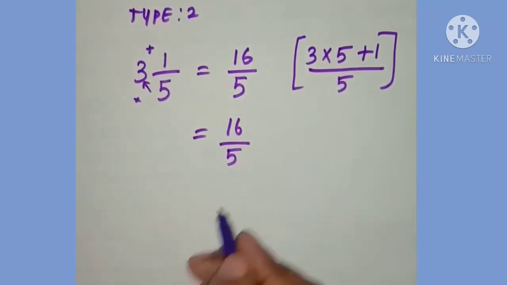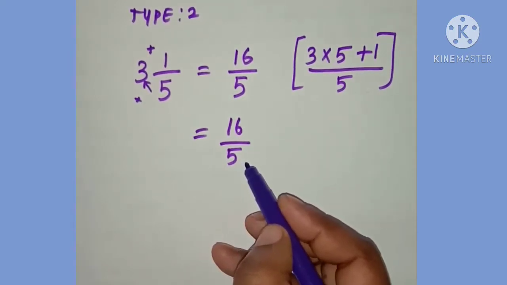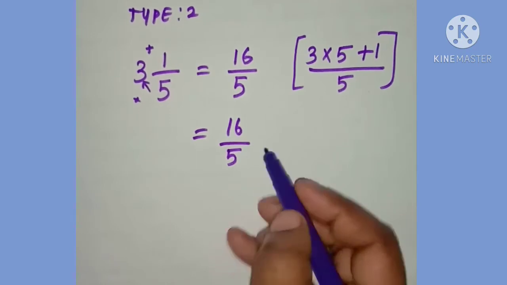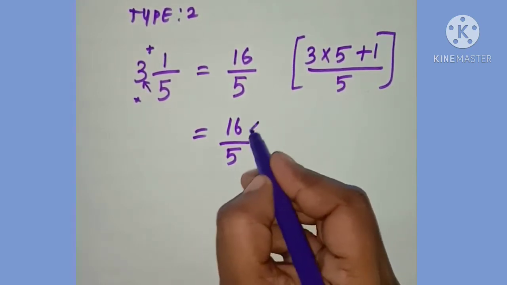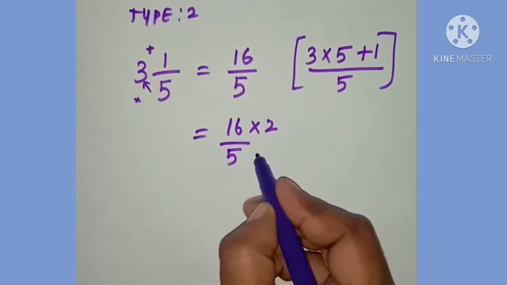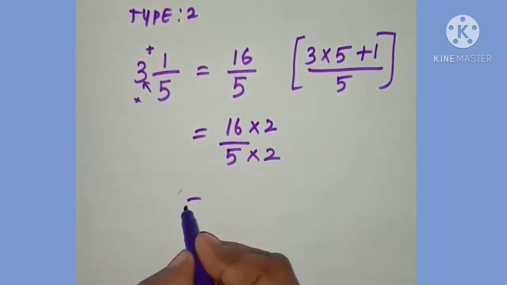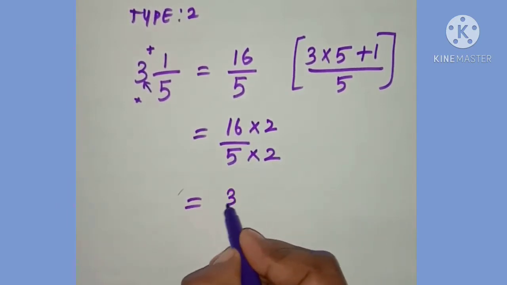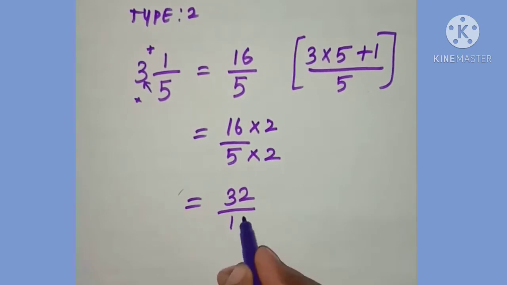Now we have to change the denominator into 10 or a multiple of 10. So here we can change it into 10. Multiplying and dividing by 2, we get 16 into 2 is 32, and in the denominator 5 into 2 is 10.